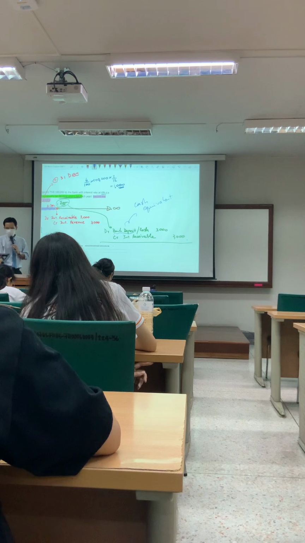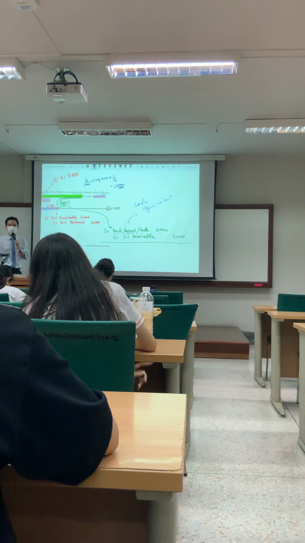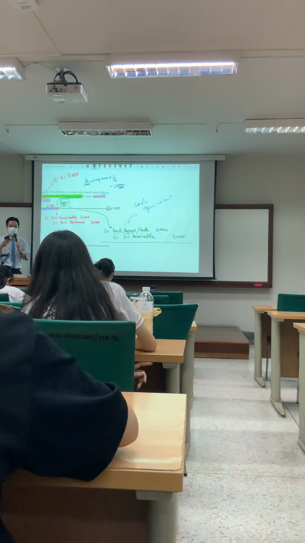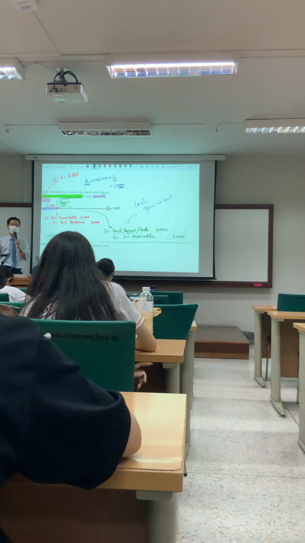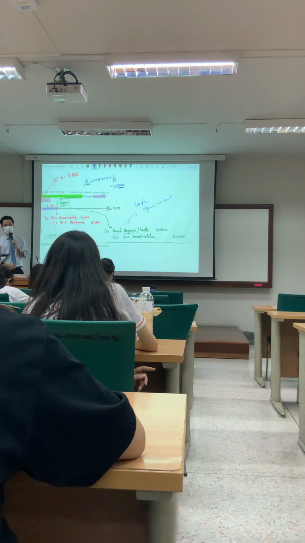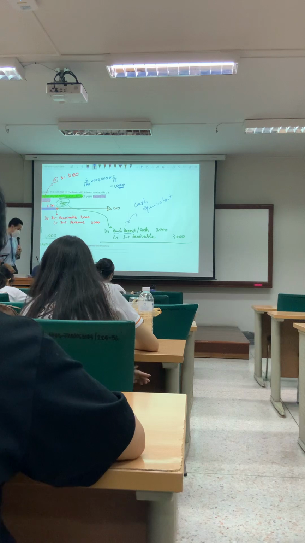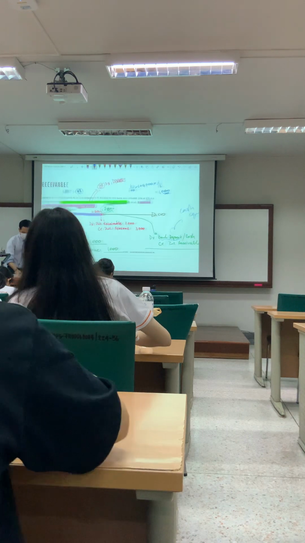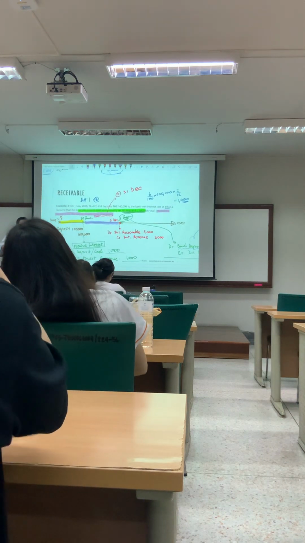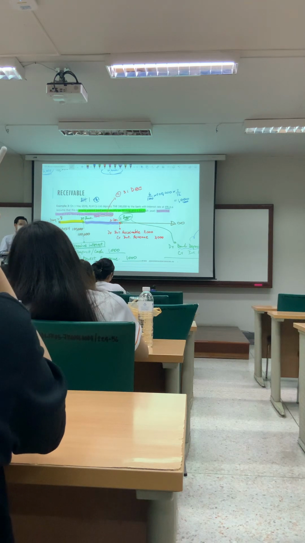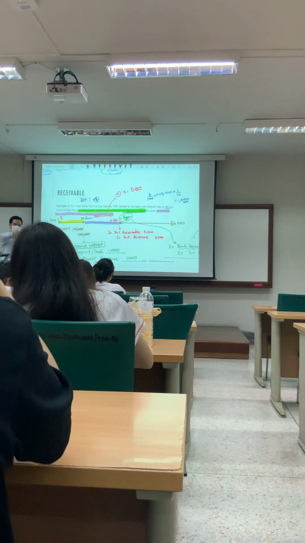The best example is when you take your mobile phone and scan for PromptPay or transfer your money from your bank account to another, it's the same thing. Okay, right. Now, this is your first adjusting entry. It's going to look like this.